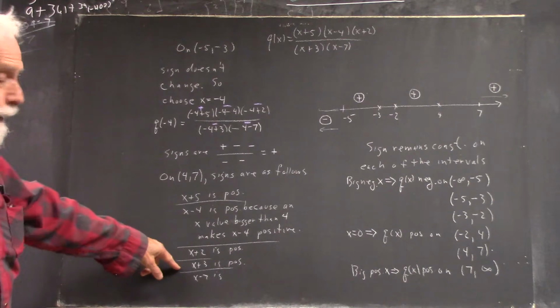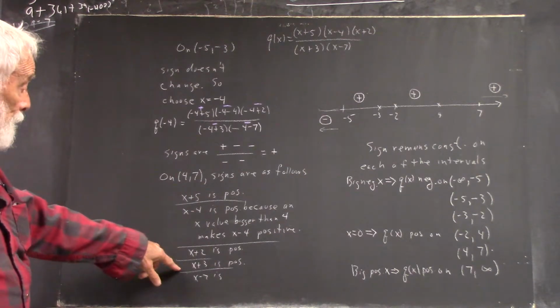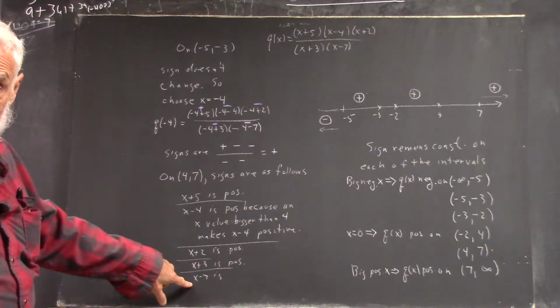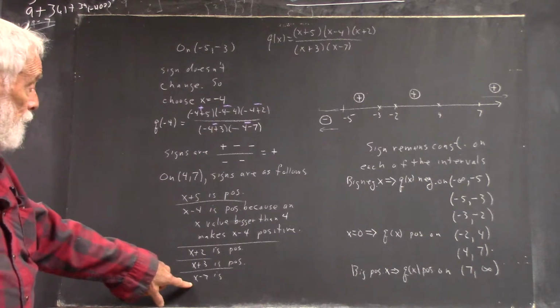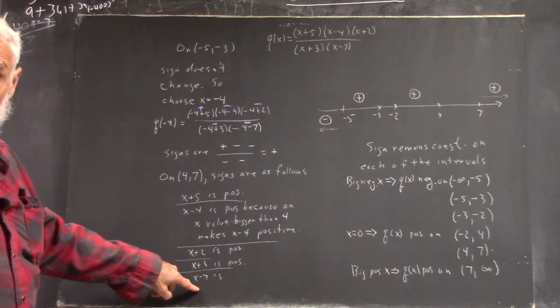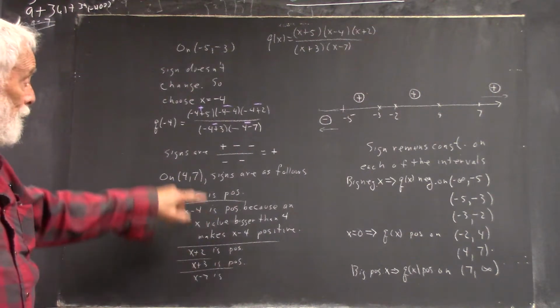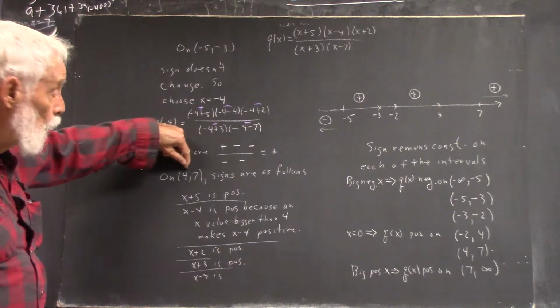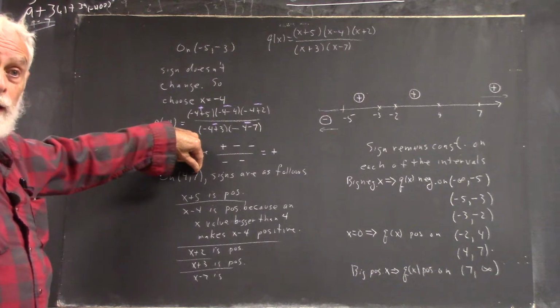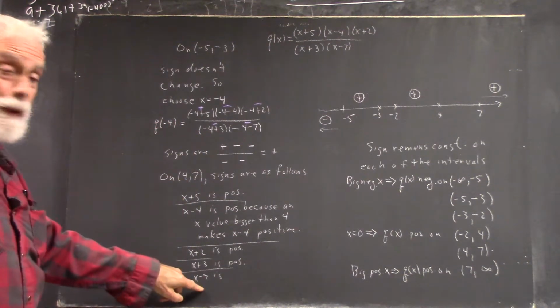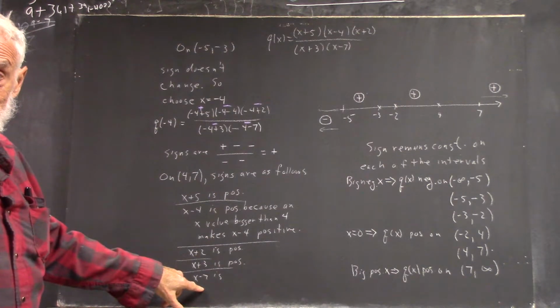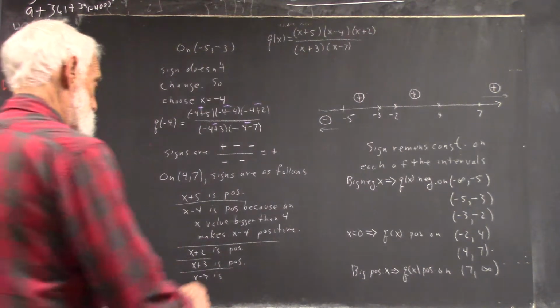X plus 3 is positive, doesn't take much thought. What about x minus 7? Well, if x is 7, this is 0, right? Now, if you go back toward 4, x is going to be a little less than 7, right? If x is a little less than 7, what can you say about x minus 7? It's going to be negative.